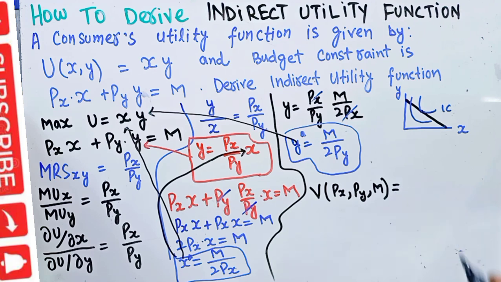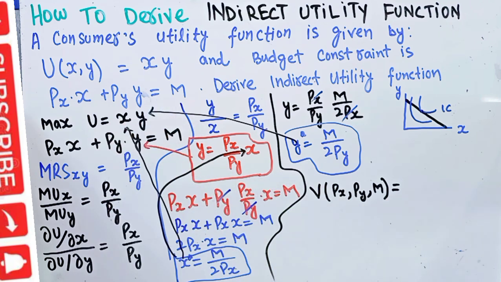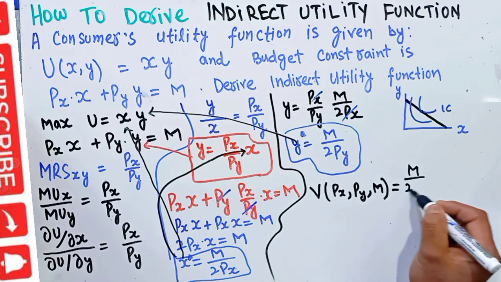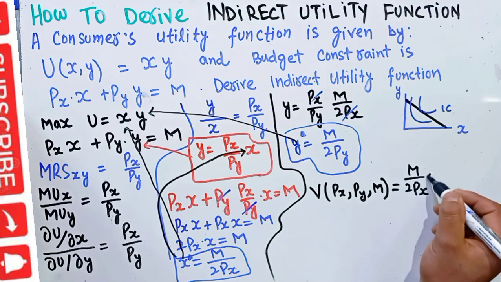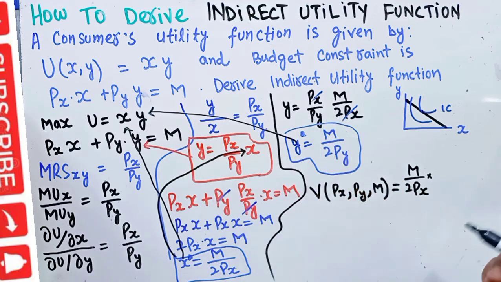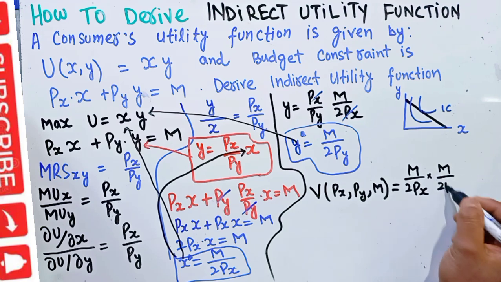The indirect utility function is simply found by substituting the optimal values of good x and y into the utility function. So in place of x we have M upon twice Px, and in place of y we have M upon twice Py.